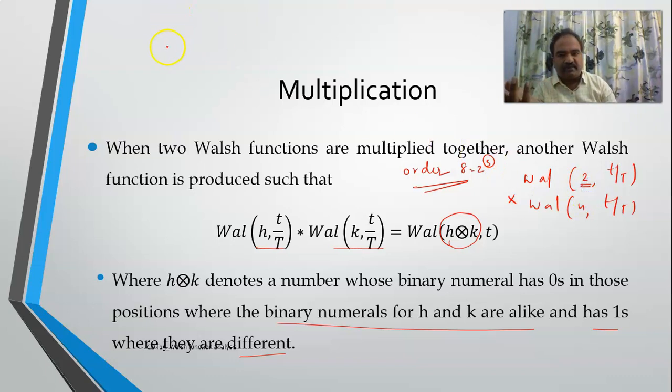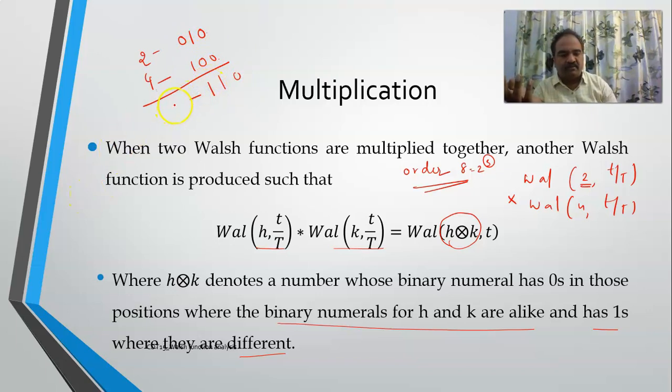So 2 in binary format is 0, 1, 0, right? 4 is 1, 0, 0, right? So the resultant number will be 0 if both the numbers are same, and 1 if they are different.